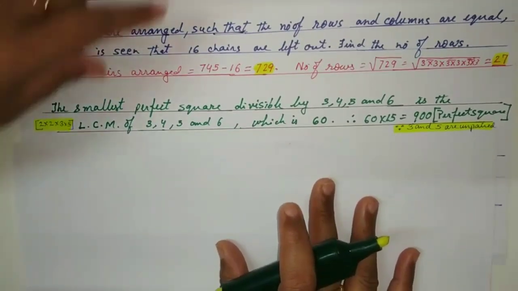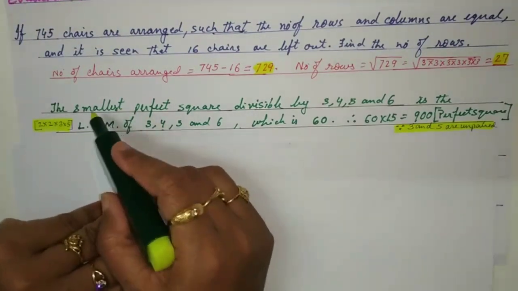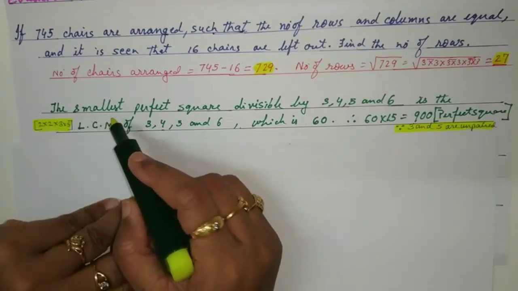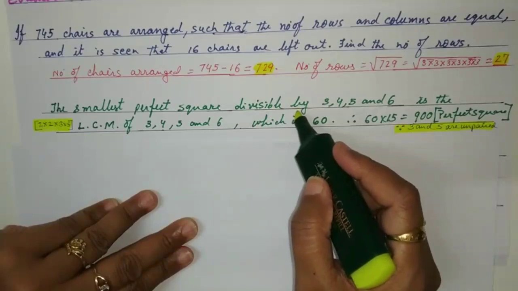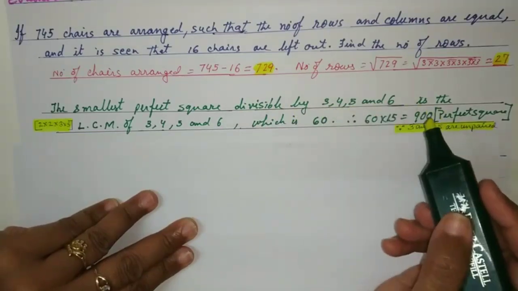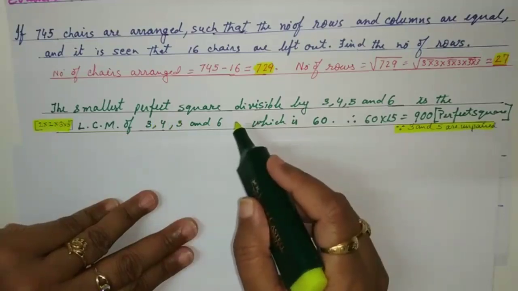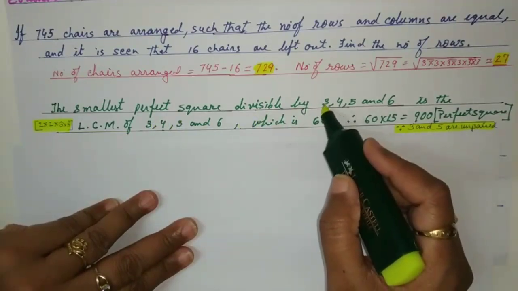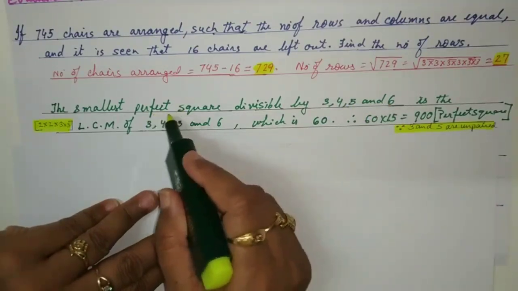The next question. The question is, which is the smallest perfect square which is divisible by 3, 4, 5 and 6. You are supposed to look for the smallest perfect square which can be divided by 3, 4, 5, 6. So you want a number small and a perfect square.